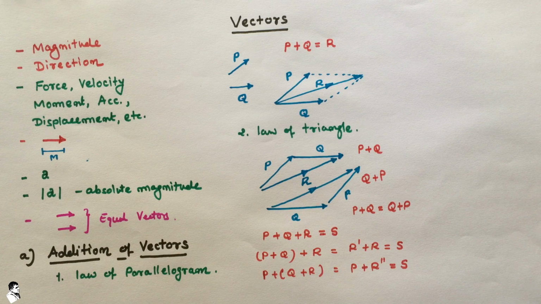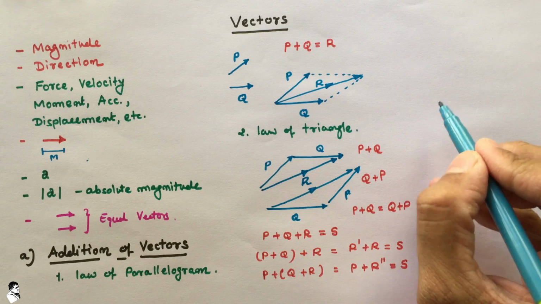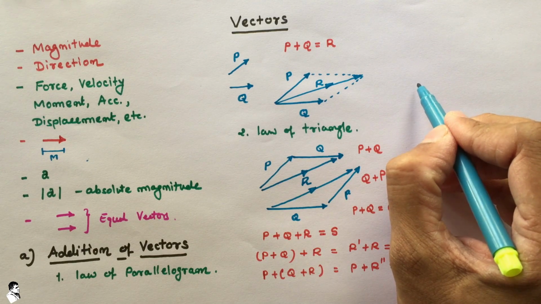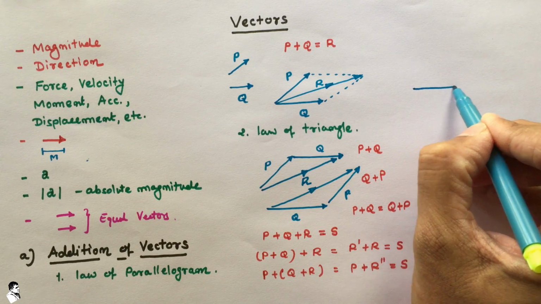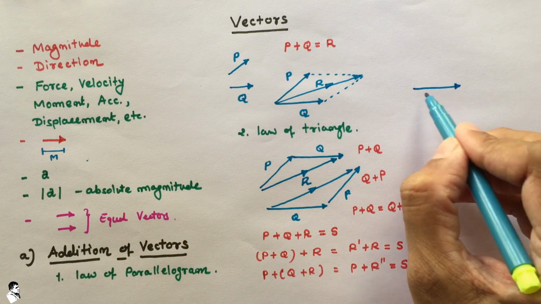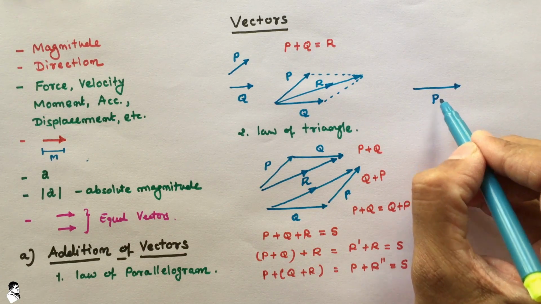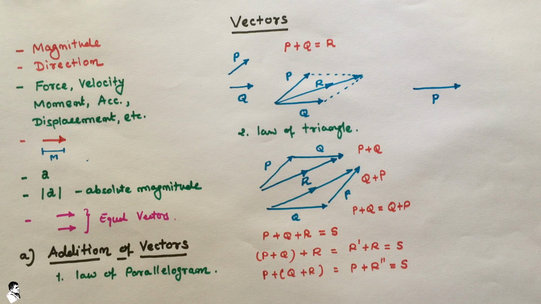Now we need to observe how to draw this with different vectors and come out with a new vector. If we take vector P first, with its magnitude and direction, we can show the P vector.